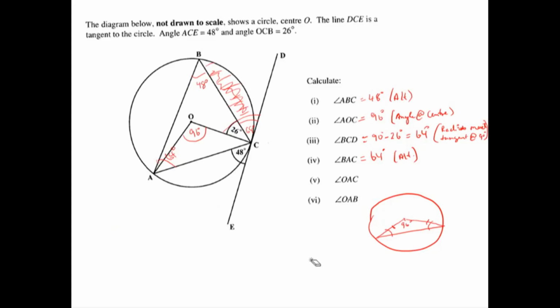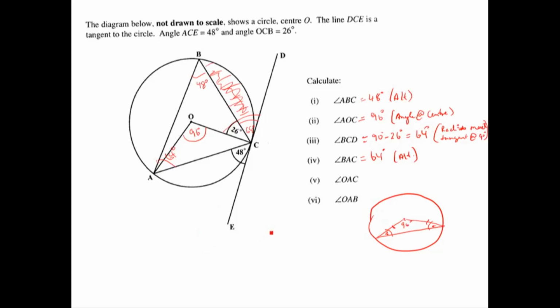So if we have an isosceles triangle with one angle being 96 degrees, what are the other two angles, which are the base angles? If this angle here is equal to this angle here, and we know all three angles must add up to 180 degrees, then the base angles must be equal to what?